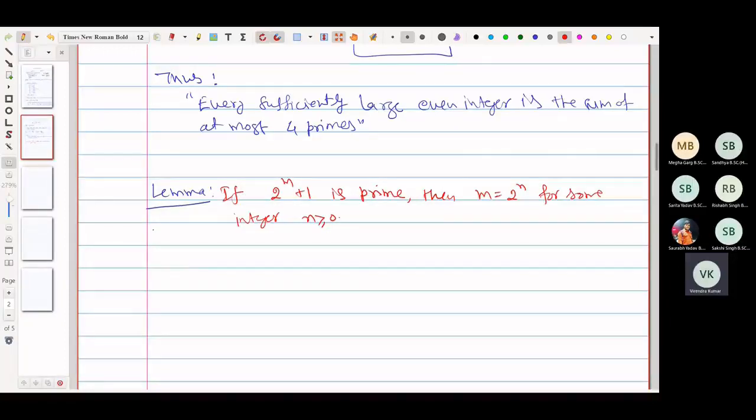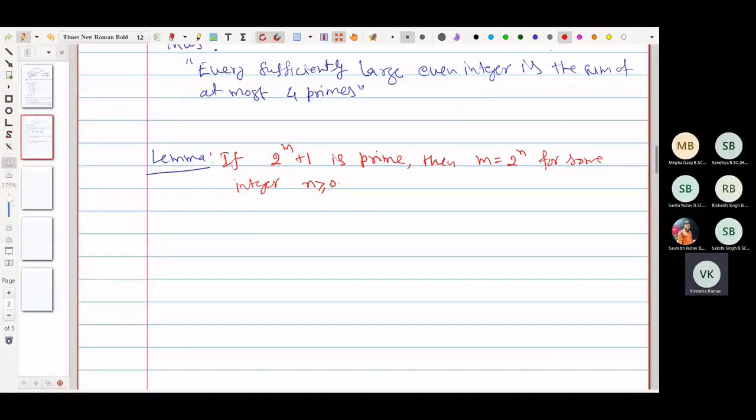So what is there in it? Equivalently, in the contrapositive way, we can write: if m is not equal to 2 to the power n, that is, m is not of this form, then 2 to the power m plus 1 is not prime.